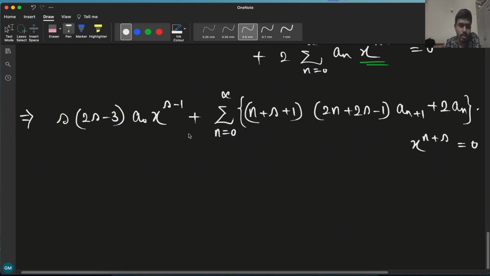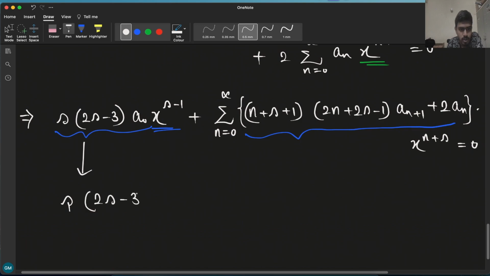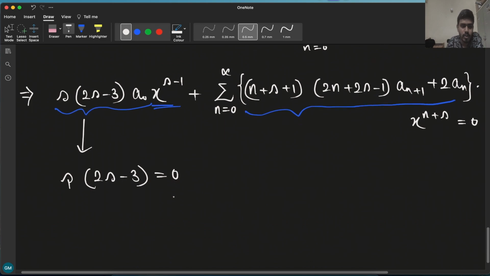Good. And now we will make these coefficients 0, because the right hand side is 0. So the coefficient of x to the power s minus 1 is also 0. For this one, if I make it 0, it will be s times (2s minus 3) equals 0, because I am assuming a_0 is not equal to 0.